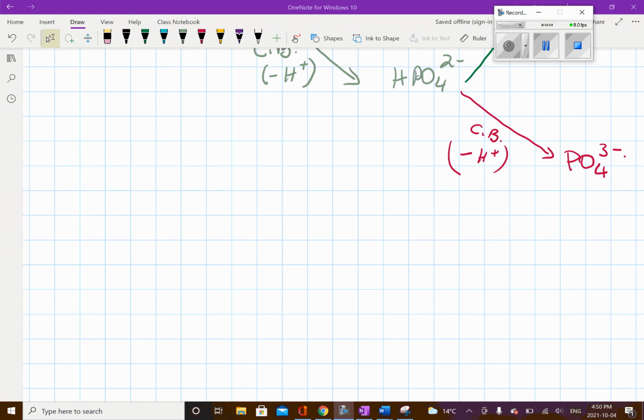So now if we talk about the differences between strong acids and weak acids, what we have to keep in mind is that a strong acid will be 100% ionized. So all hydrogen plus will be converted into hydronium ion.